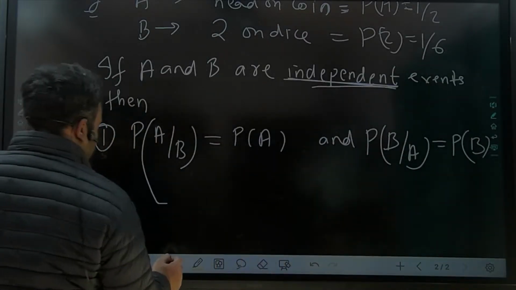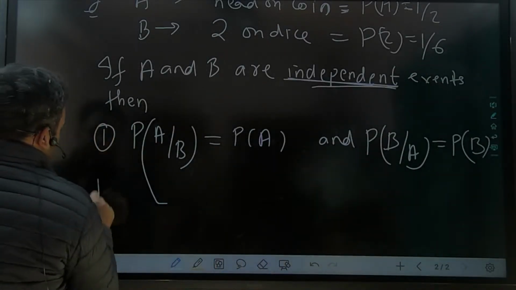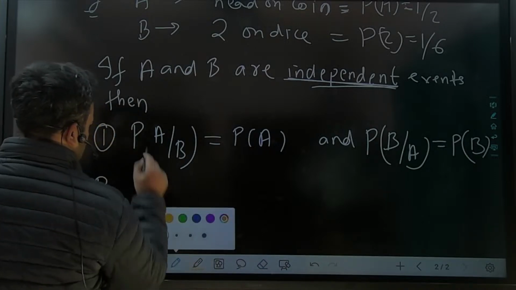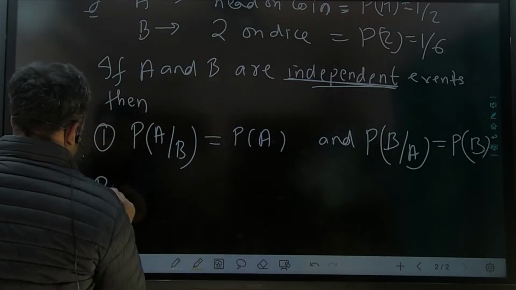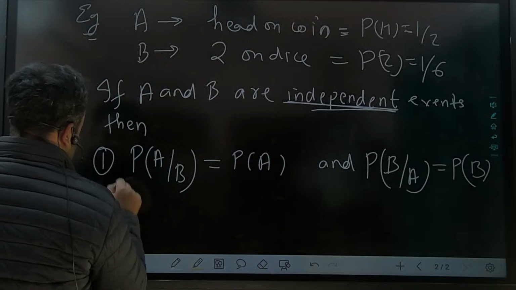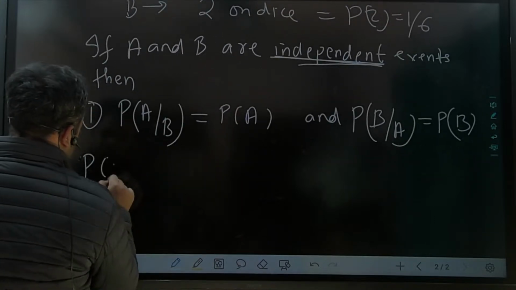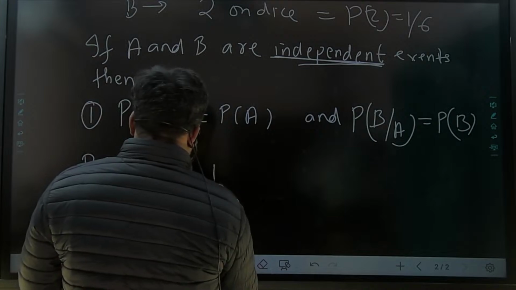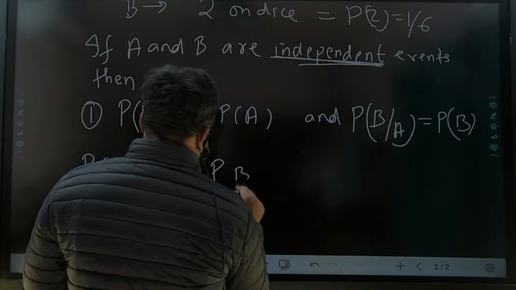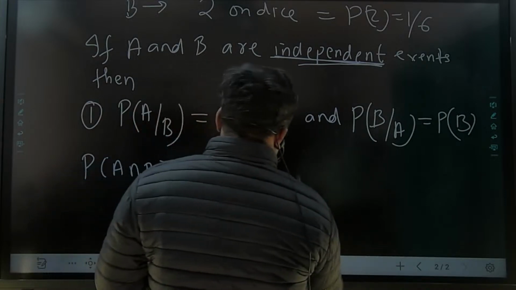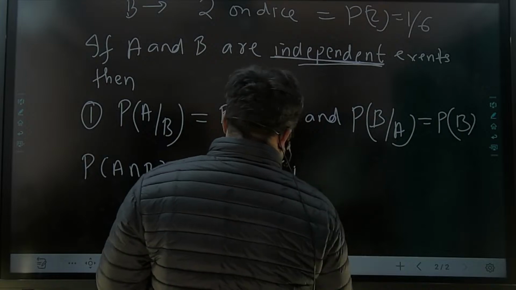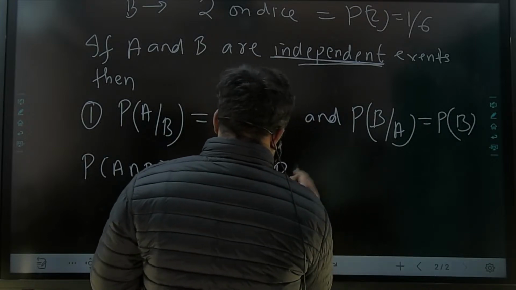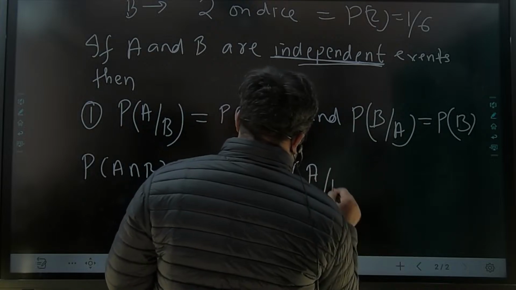So just now we have written this point: the probability of A intersection B is equal to the probability of B multiplied by the probability of A when B has happened.